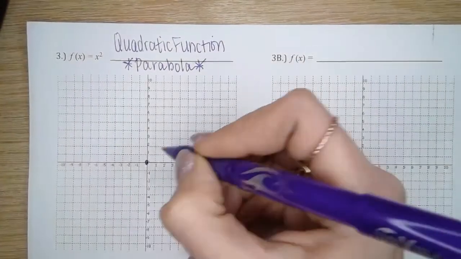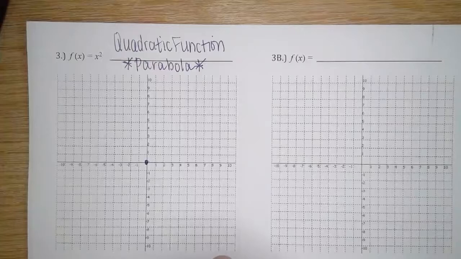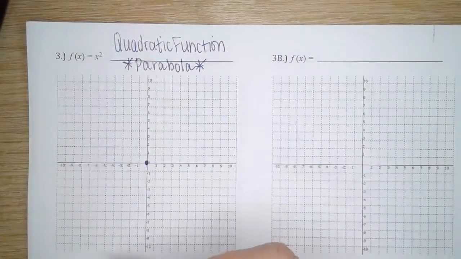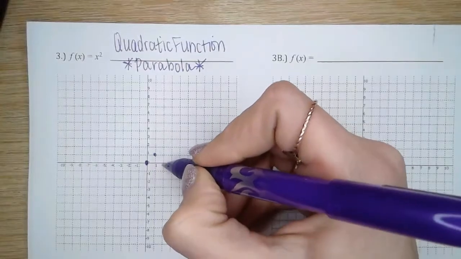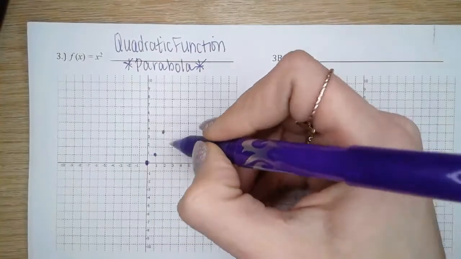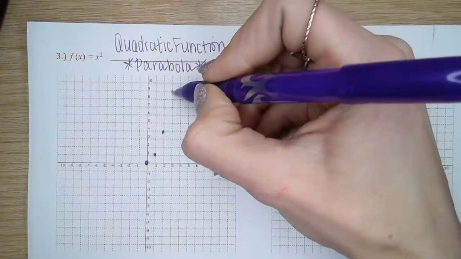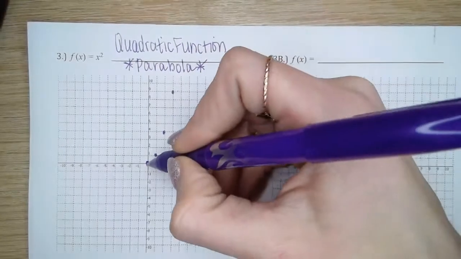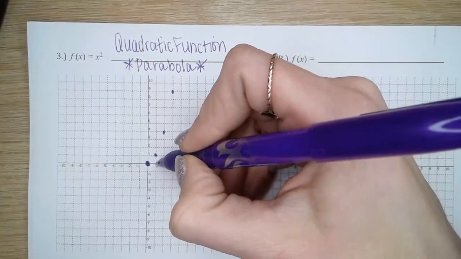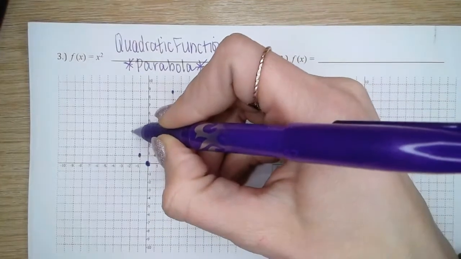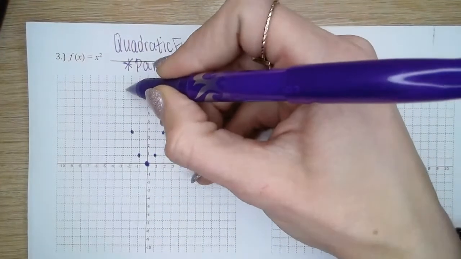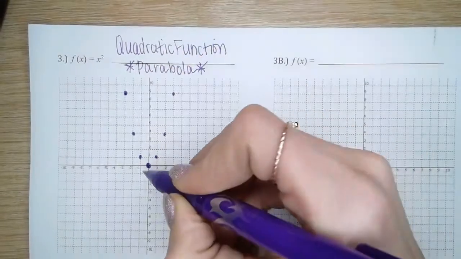There's been many talks in class about this, but quadratic, or the squaring function, is created by squares. If I plug in 1, I get 1. If I plugged in 2, I would get 4. If I plug in 3, I would get 9. The cool thing about the parabola is once you know where the vertex is, you're going to go out 1, up 1. Out 1, up 3, and out 1, up 5.